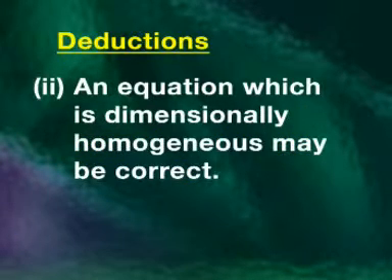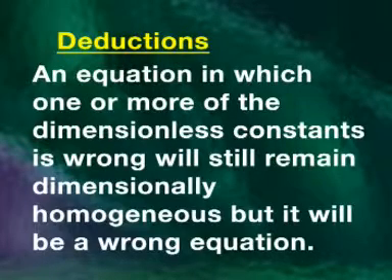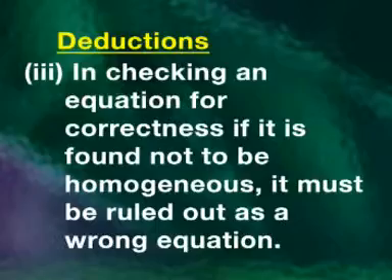An equation which is dimensionally homogeneous may be correct. An equation in which one or more of the dimensionless constants is wrong will still remain dimensionally homogeneous, but it will be a wrong equation. Dimensional homogeneity is not a sufficient condition for the correctness of an equation.